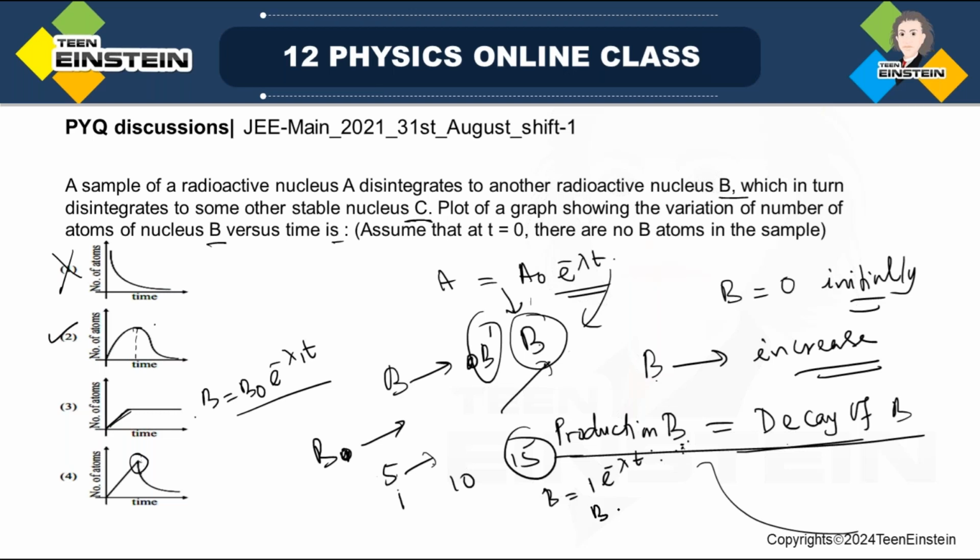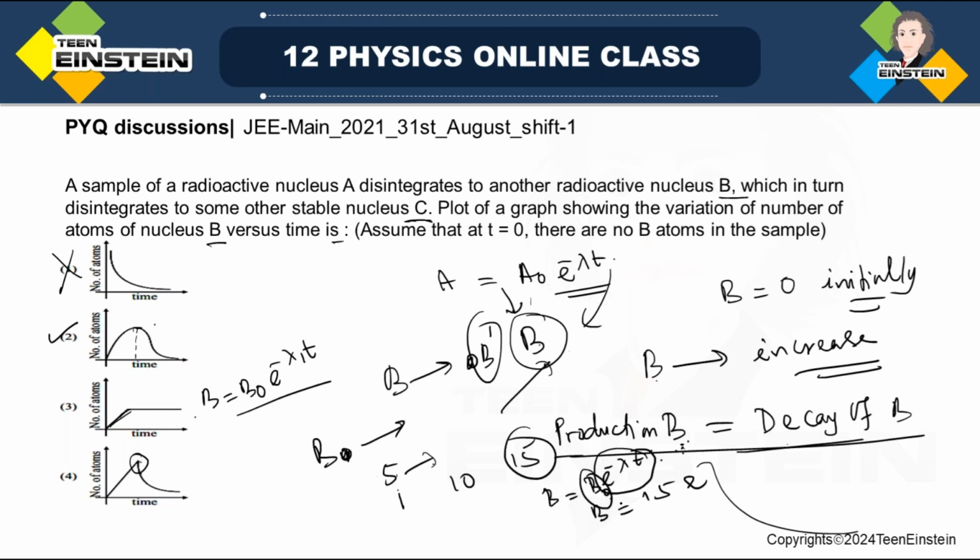Then you will have 15 into that. This term will always be, since it is minus, less than B0, what was the initial number.